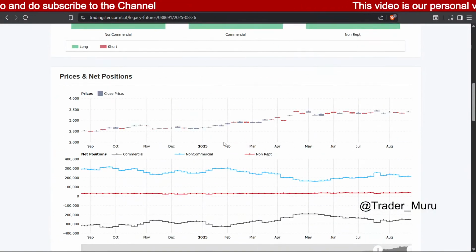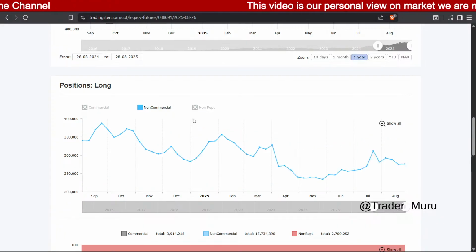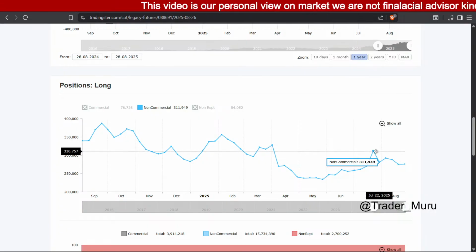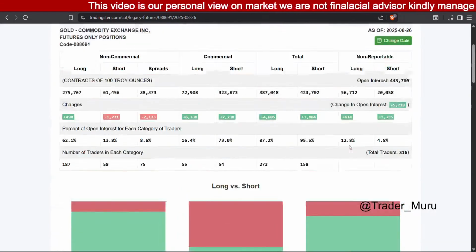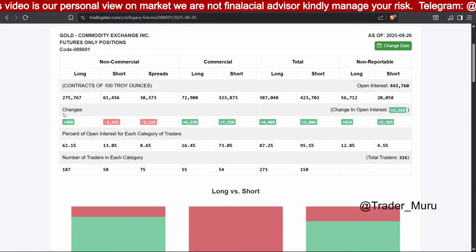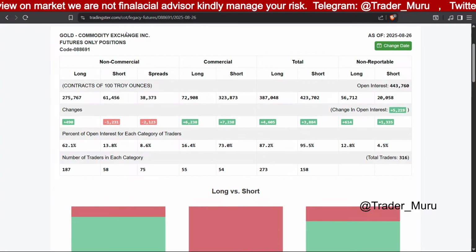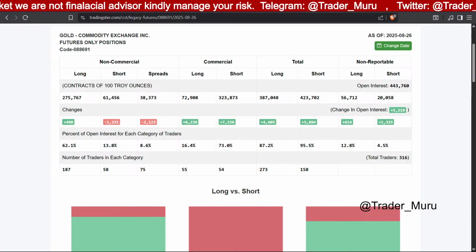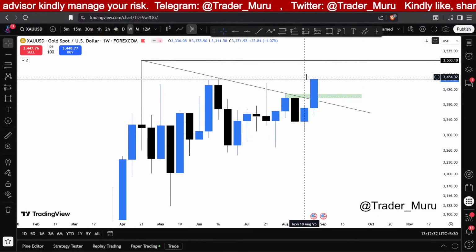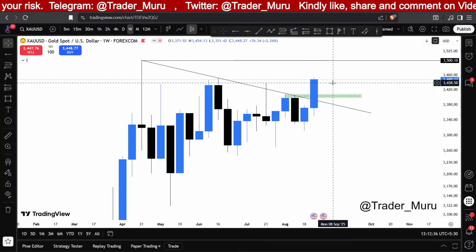We have talked about how big traders are in buy, and we have seen the breakout of the resistance. Now the previous one, they have closed their short and are again adding long positions. So I'm expecting some retracement again, and then there will be buy volume to kick in. Okay, again retracement and buy. This will be a good zone.